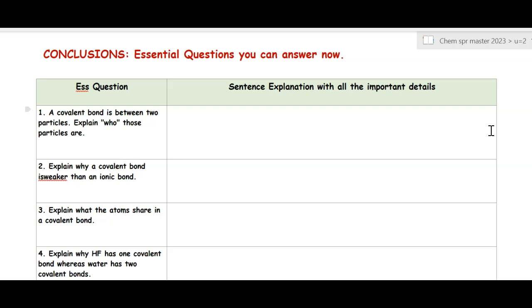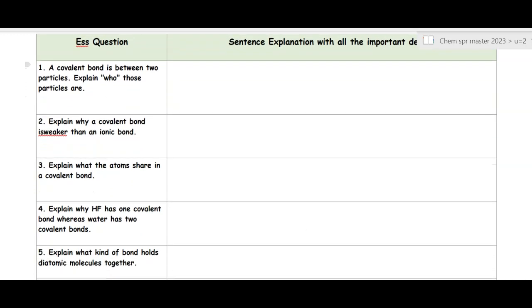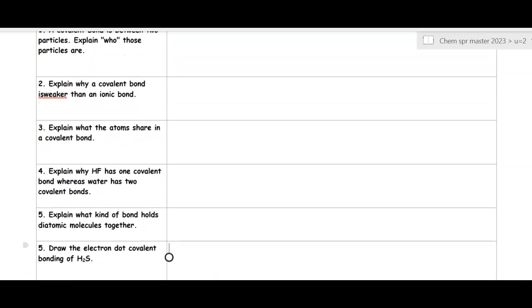What are they? 2, explain why a covalent bond is weaker than an ionic bond. It is. Explain why. 3, explain what the atoms share in a covalent bond when they overlap. 4, explain why HF has 1 covalent bond, whereas water has 2 covalent bonds. Those were 2 of the examples we did. 5, explain what kind of bond holds diatomic molecules together. We did a few of those.